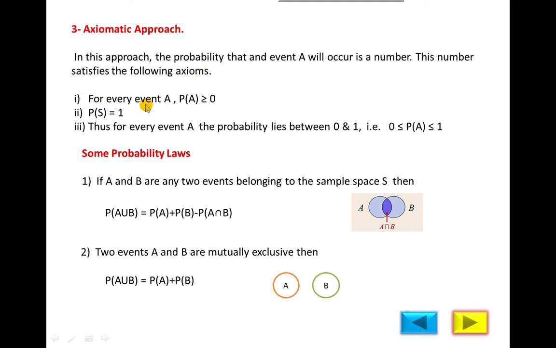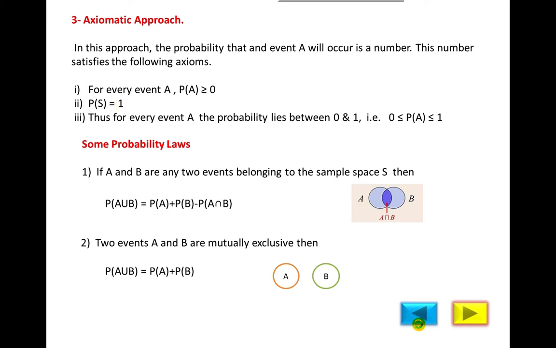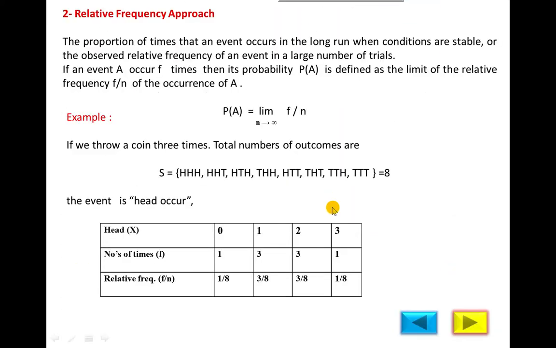Number first, for every event A, probability of A will be greater than or equal to 0. Probability of sample space is equal to 1 always. In the previous example, probability of this is equal to 1 upon 8, probability of this is 1 upon 8, probability of this will be 1 upon 8, because this occurs one time out of 8.